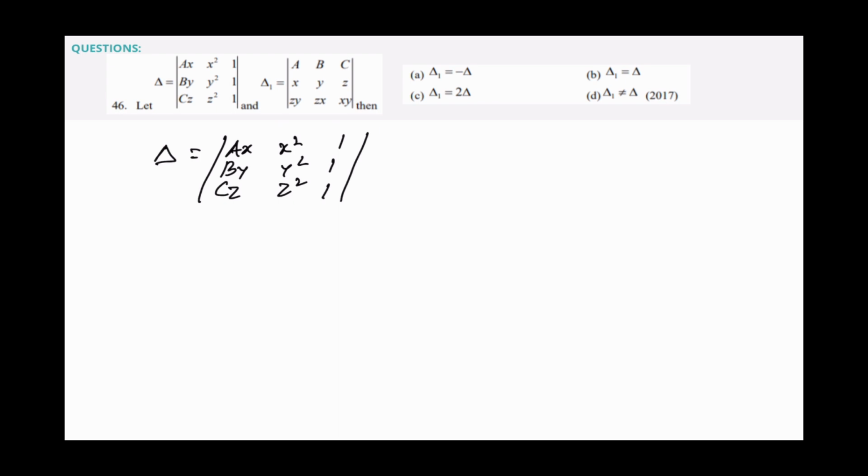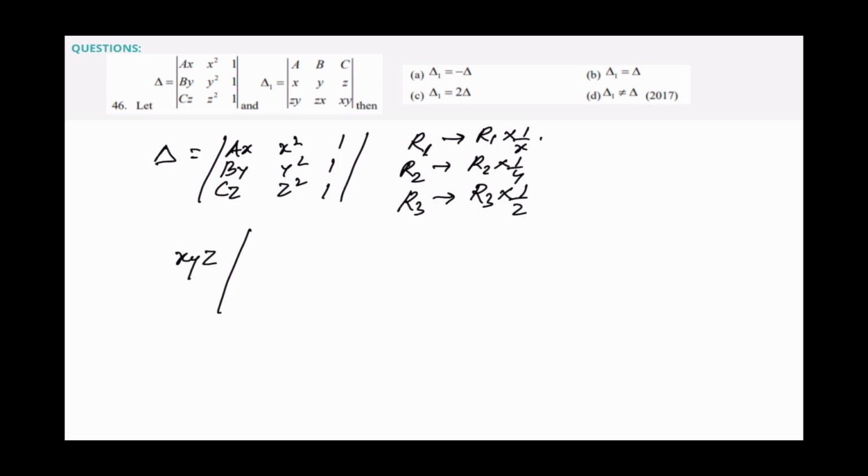What you can do is very simple: we'll multiply row 1 by 1 by x, row 2 by 1 by y, and row 3 by 1 by z. So the moment you do this, what are you going to get?